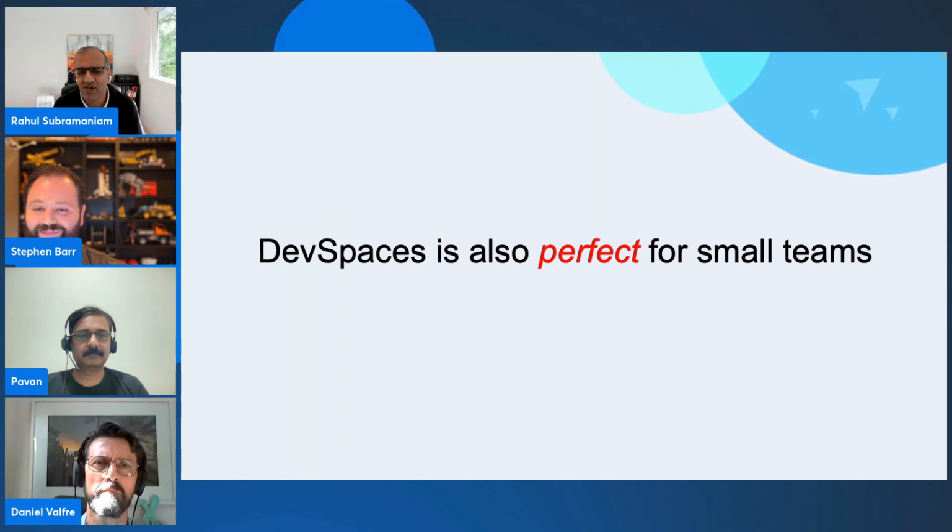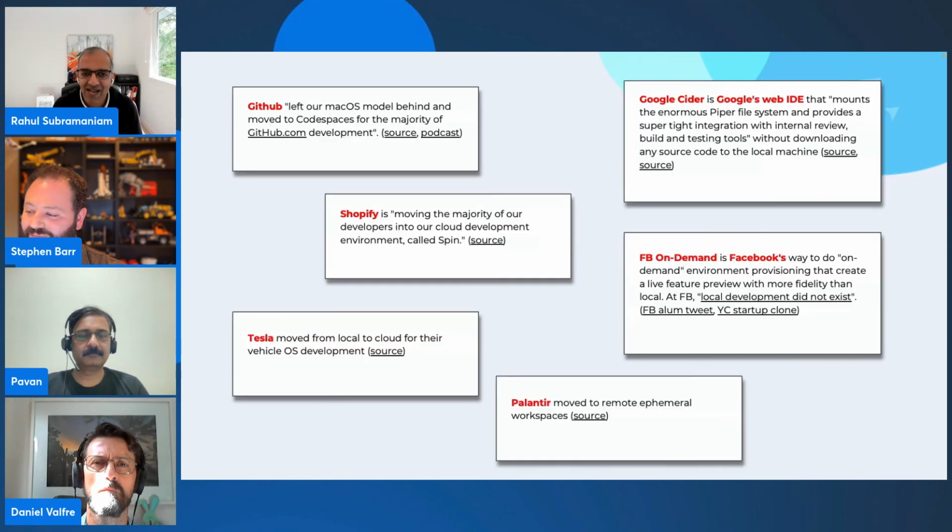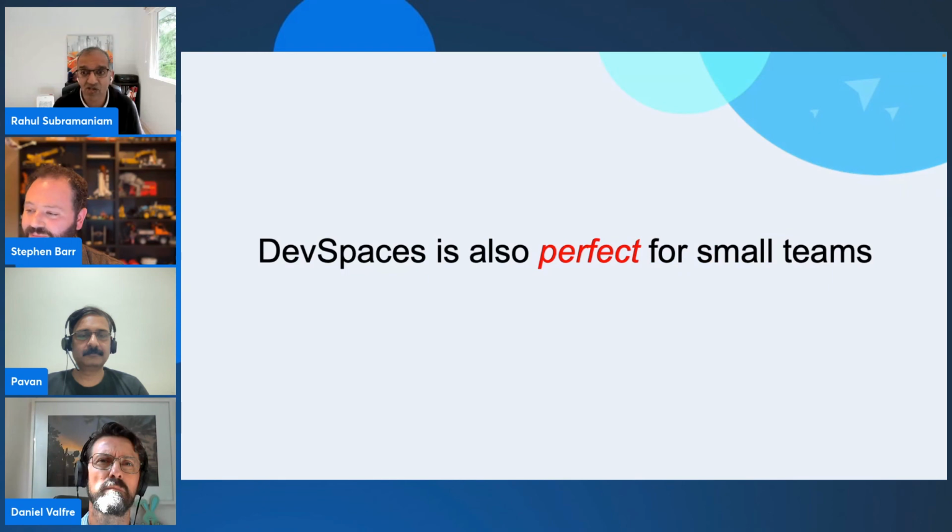And DevSpaces, you might ask the question, those are all really big names. And while these big names really push the boundaries or the edge of where computing or regular software development moves, the reality is that today we are in a world where something like DevSpaces, which is a remote development environment, is also absolutely perfect for small teams.